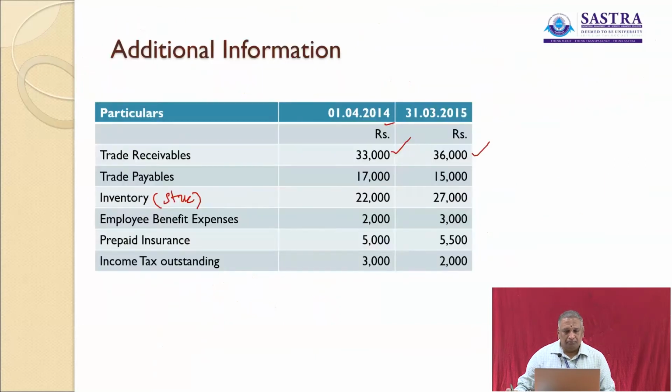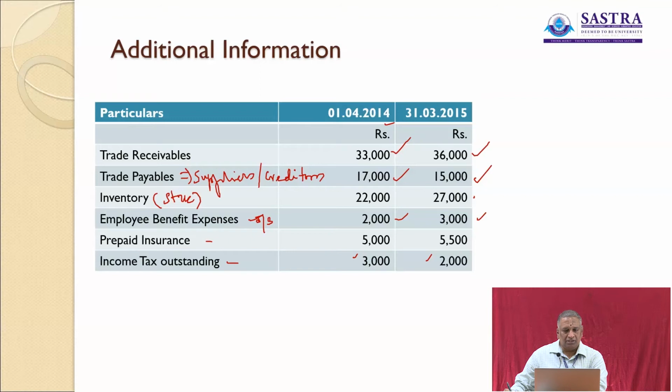And when payables are there, that means trade payables, employee benefit expenses, maybe outstanding expenses, that is different. It's also payable. Prepaid, paid in advance. Tax outstanding, it is due to be paid. Opening and closing balance is given. Whereas trade payables are nothing but the amount due to suppliers or creditors.